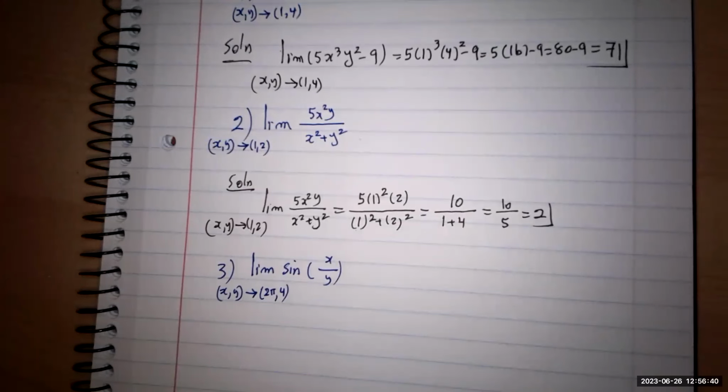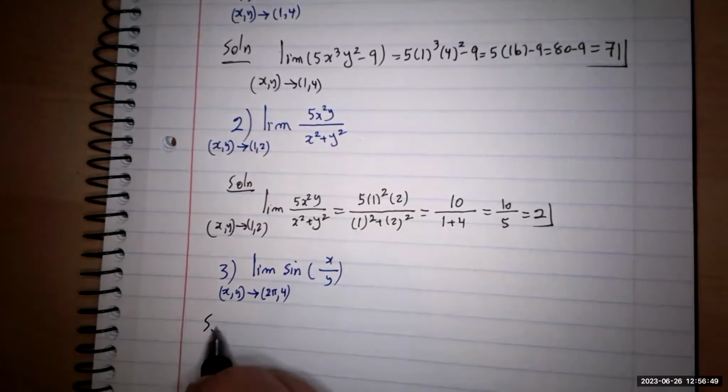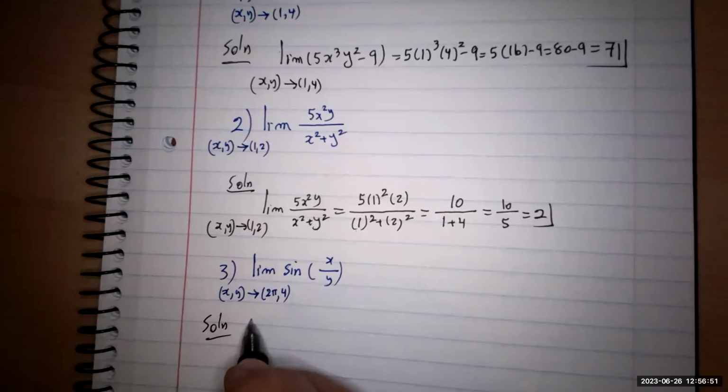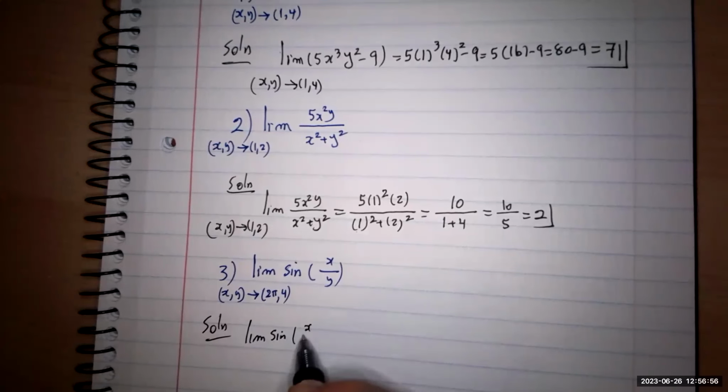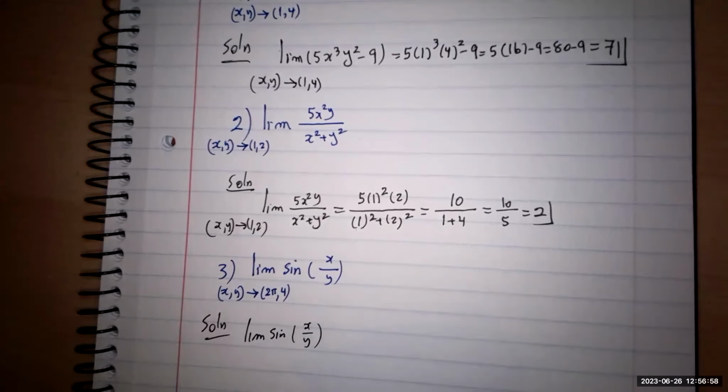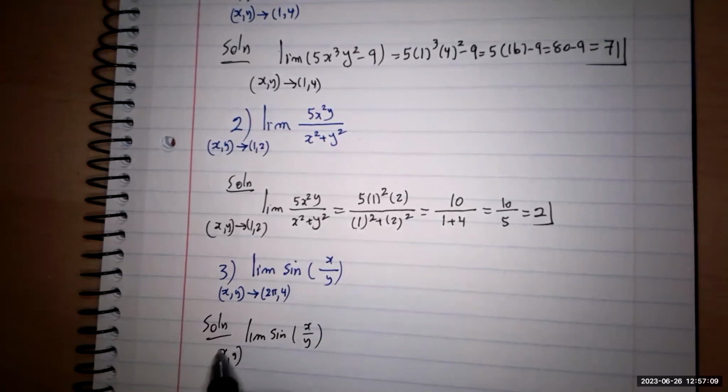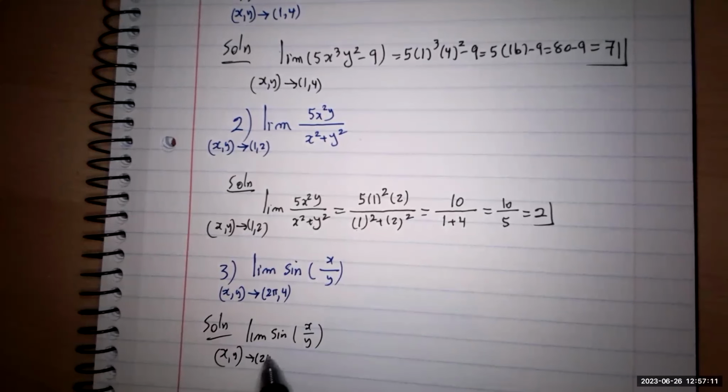You know that for the sine function, it doesn't matter, just substitute directly. Again, you can substitute right away, but I explain it. The limit of the sine of x over y, when x comma y goes to 2 pi, 4.